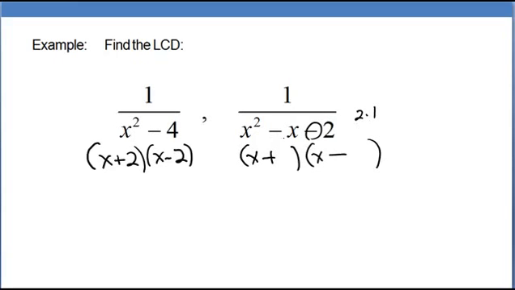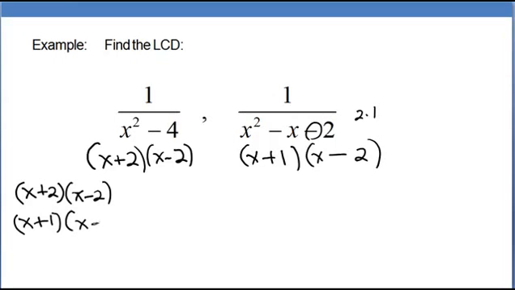You want to get a minus x in the middle, so we're going to need the 2 to go with the minus. And you can check, minus 2x plus 1x gives a minus x. All right, so for our LCD, we have x plus 2 and x minus 2 in one fraction. In the other one, we have an x plus 1 and an x minus 2.